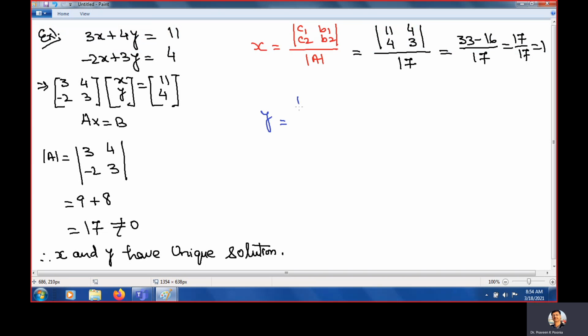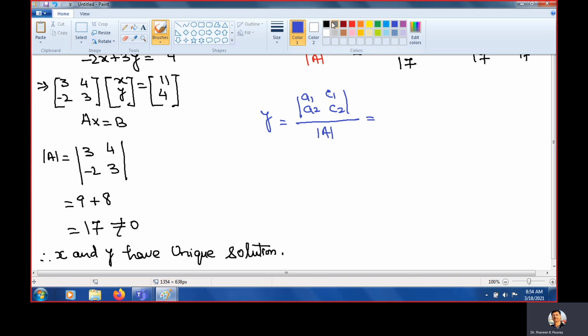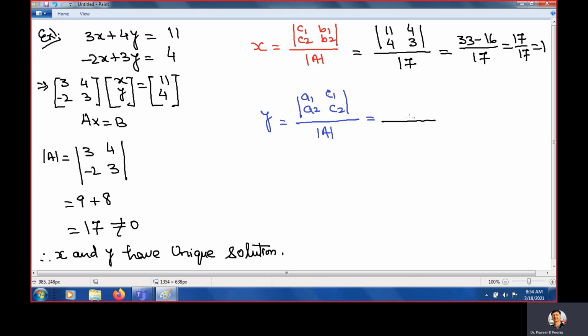Now if you find the y, it will be AC: |A1 C1; A2 C2| upon determinant of A. This is the formula. Clear? Now put the values. A1, A2 is 3, minus 2. C1, C2, 11 and 4, upon 17. So 3 times 4 is 12 plus 11 times 2, 22, upon 17.